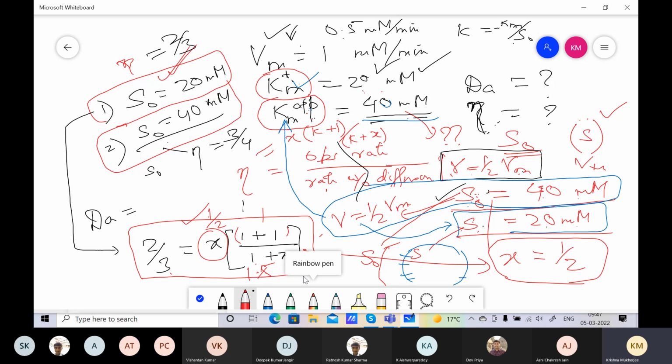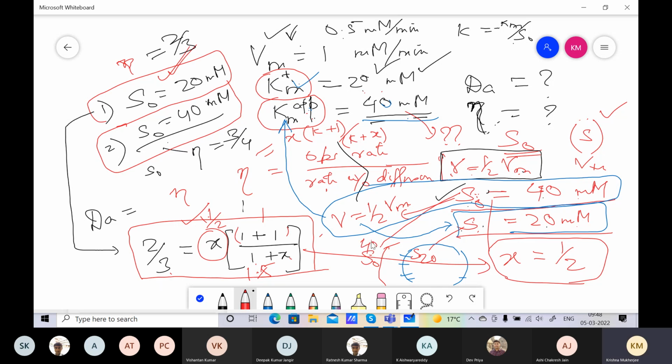So notice that when we are using a substrate concentration of 40 millimolar on the outside, I am going to get an S value of 20 inside. Suppose I use lesser concentrations, 20 millimolar, or suppose I use 80 millimolar. I want you to go back home and find out how efficiencies change and how the driving force changes. So when outside is 40, inside is 20.